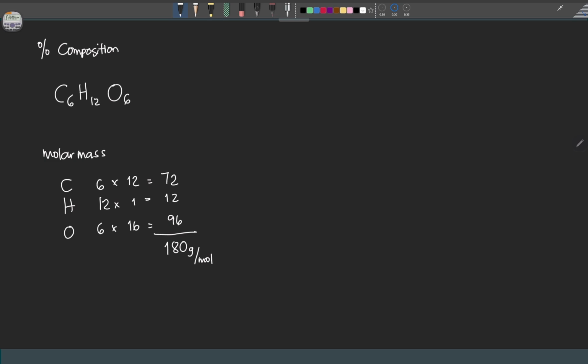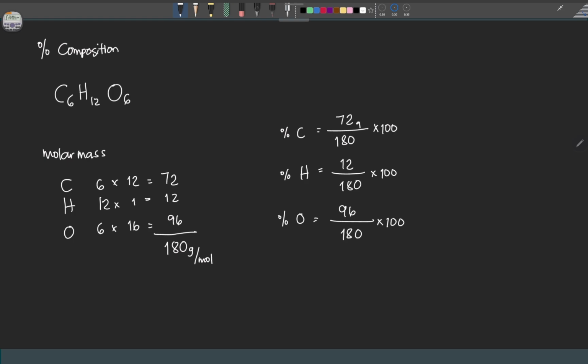Next, to find the percentage, we calculate the percent of carbon, percent of hydrogen, and percent of oxygen. That will be equal to the mass, which is 72, divided by the total, 180. This one is also 12 divided by 180, 96 divided by 180. Then we multiply it by 100. Since the units are grams, we cancel the units.